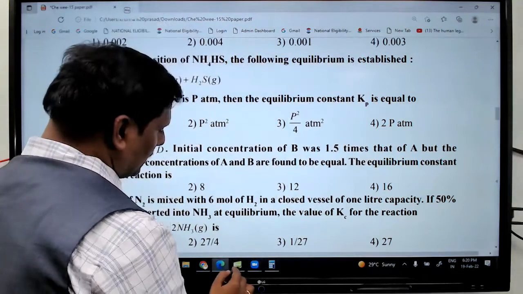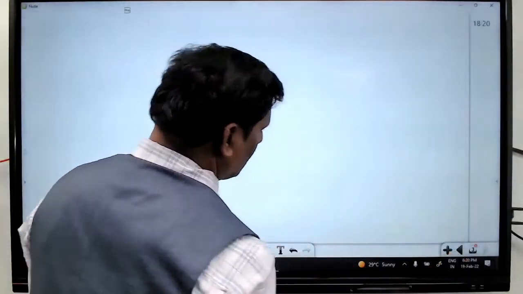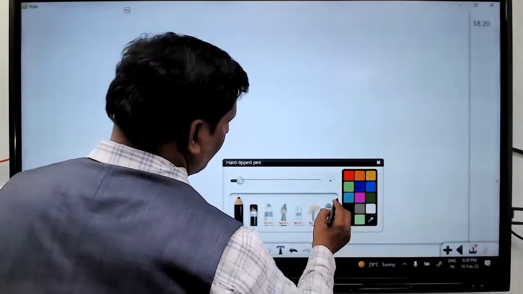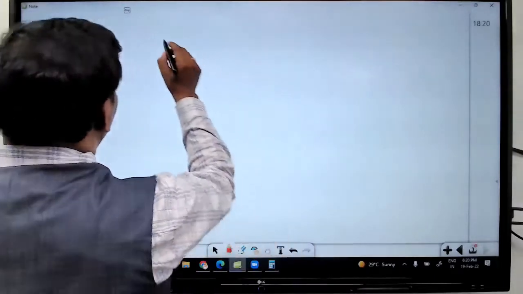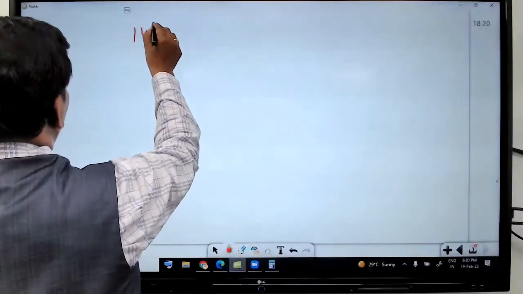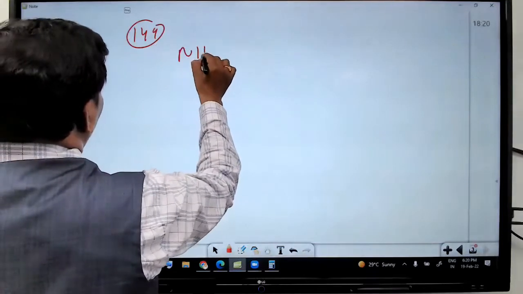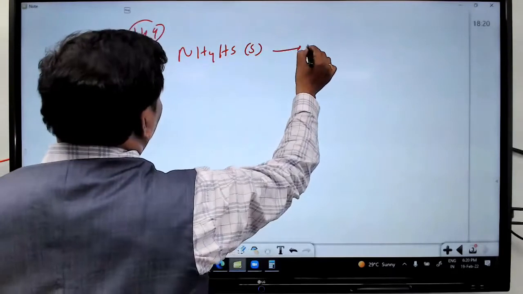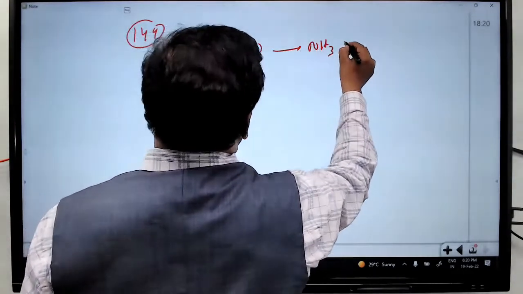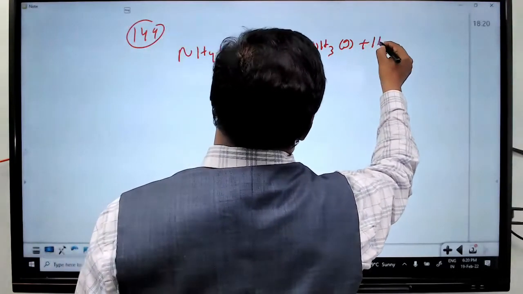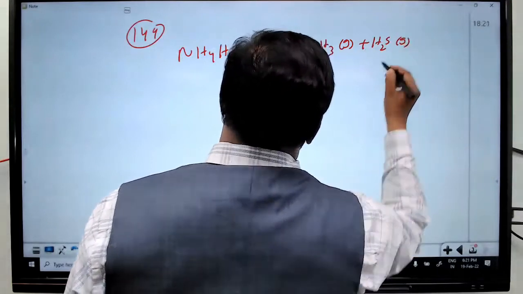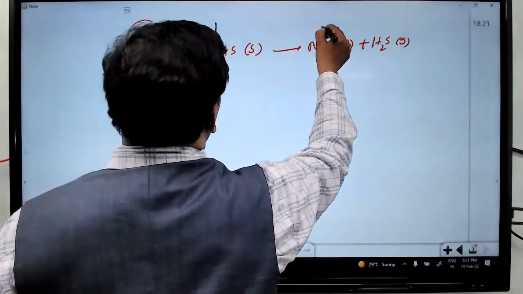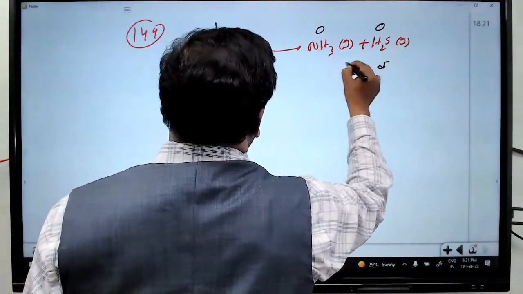देखो question number 149. Ammonium hydrogen sulfide solid है, NH3 gas है, H2S also gas है. अच्छा, number of moles is given 1, 0, 0, and alpha.